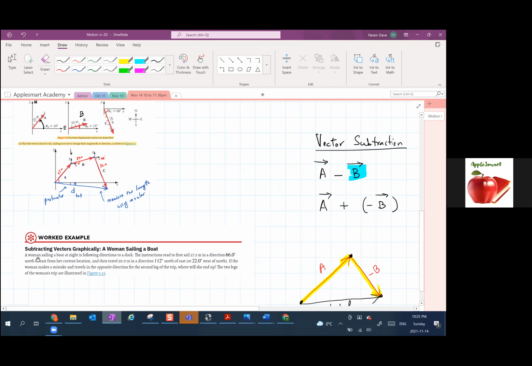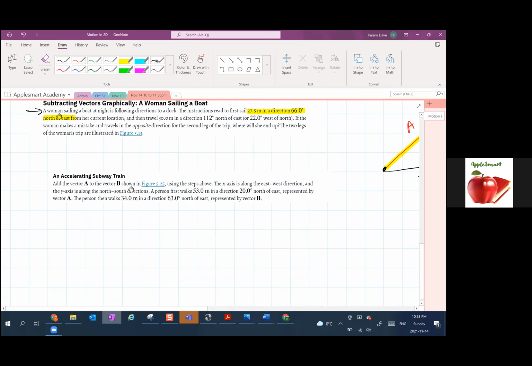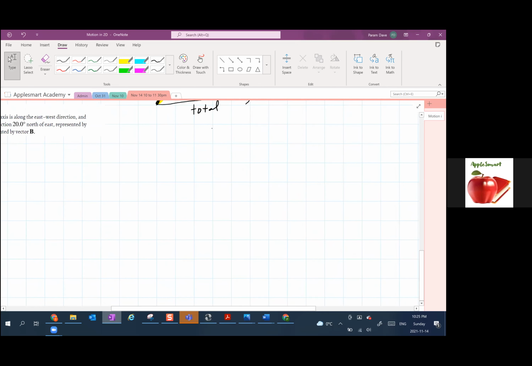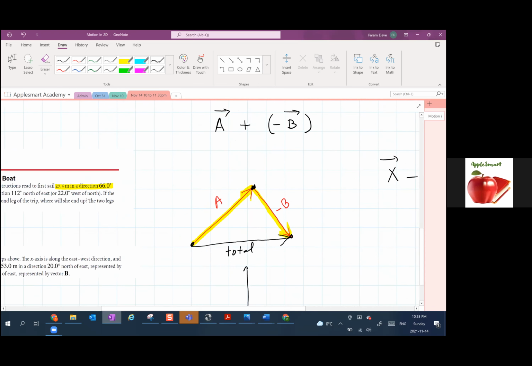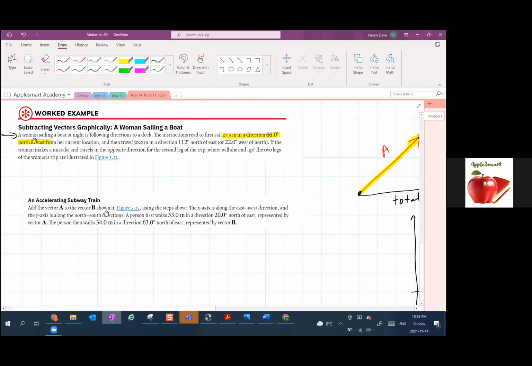All right, so let's take a look at this example over here. A woman, this is where I'm reading, a woman sailing a boat at night following some directions to the dock. The instructions read to first sail 27.5 meters in a direction 66 degrees north of east. Okay, so let's just draw our X and Y. And it's going 66 degrees north of east, right?